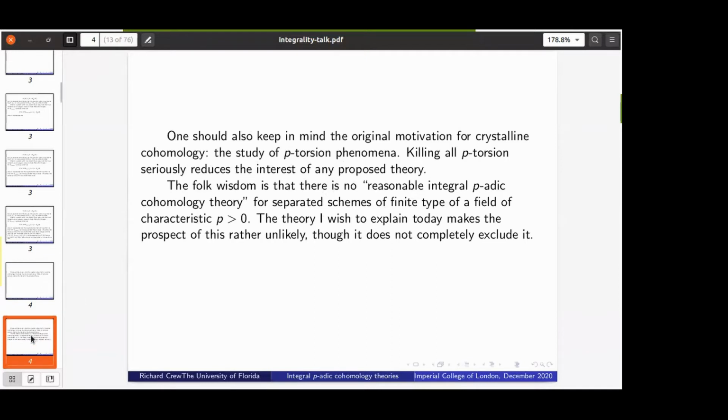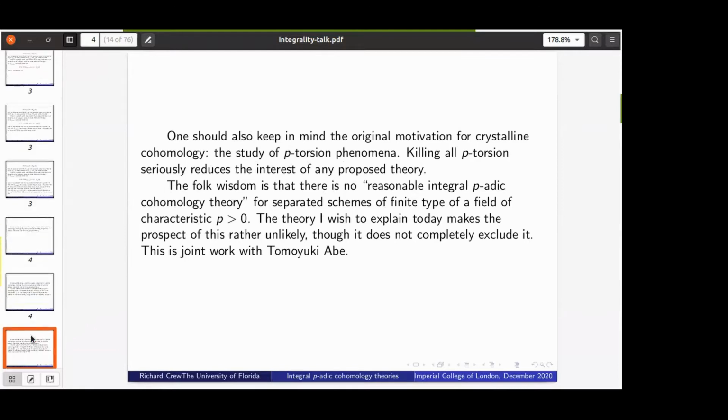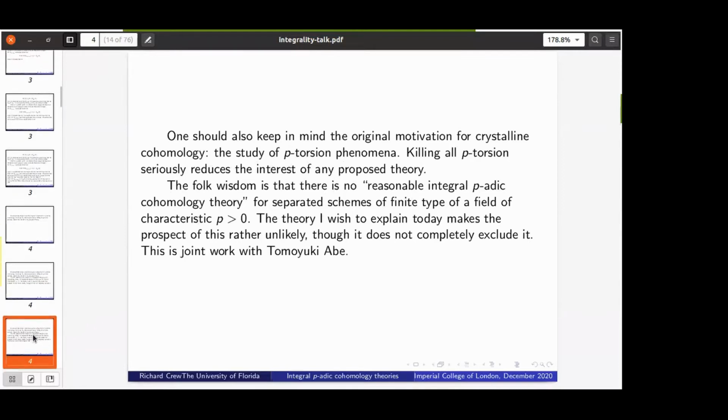The theory I wish to explain today makes the prospect of this rather unlikely, though it doesn't completely exclude it. This is joint work with Tomoyuki Abe, and I would like to thank him for many enjoyable conversations on these matters.